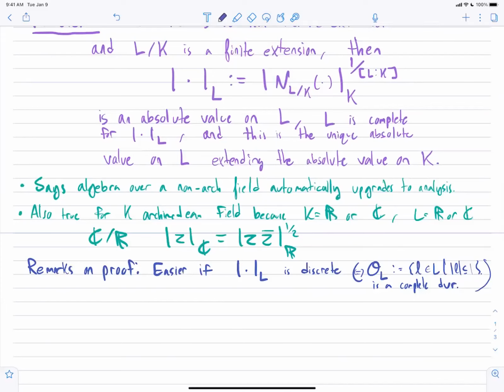In particular, if you look at theorem 7.38 in Milne, sorry, I said absolute value on L. I should have been saying absolute value on K everywhere. K is the base field. So theorem 7.38 in Milne does this case if also L over K is separable.